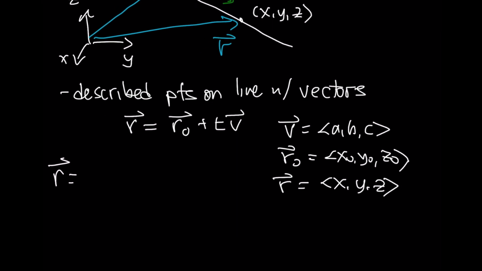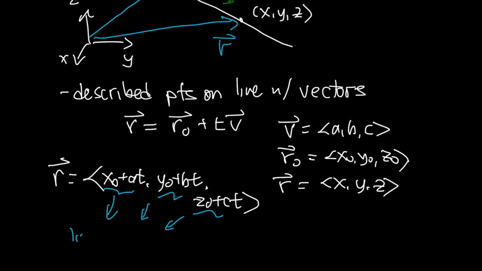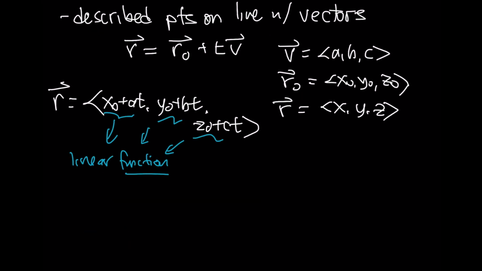It was x0 plus at, y0 plus bt, and z0 plus ct. The point of showing this to you is that each one of these components is a function, and that's the key here. We will generalize this to any curve in R3.